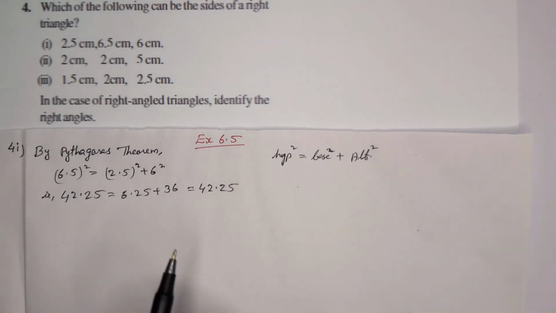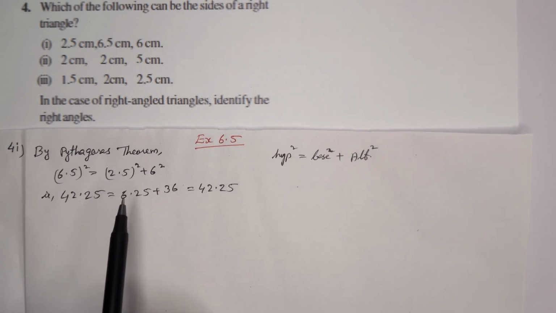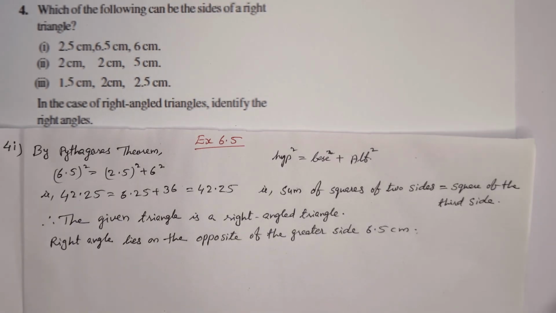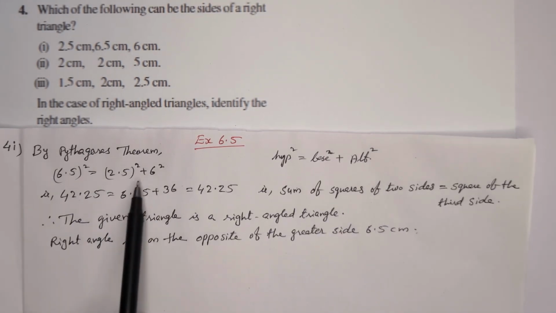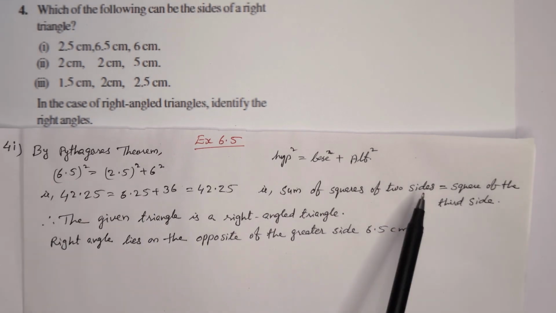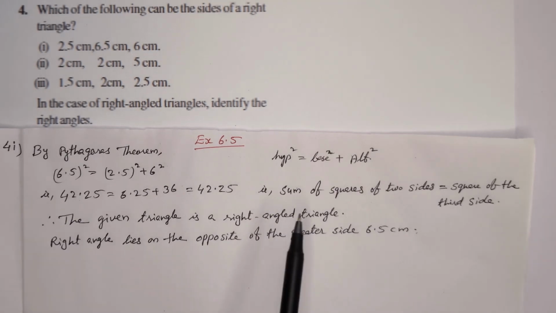So we can write the given measurements represent a right angle triangle. The sum of the squares of two sides is equal to the square of the third side, which means the given triangle is a right angle triangle.